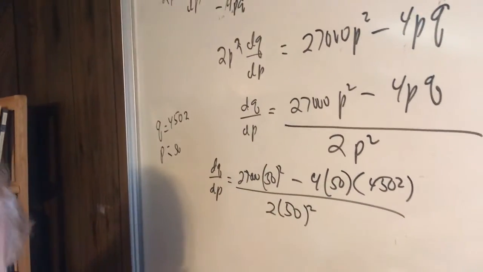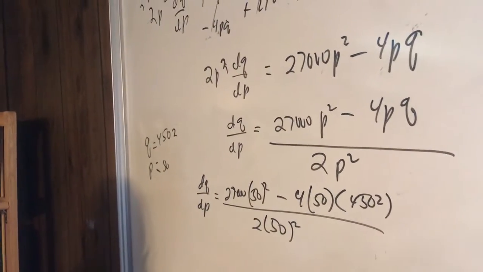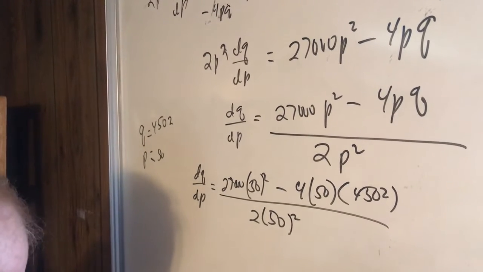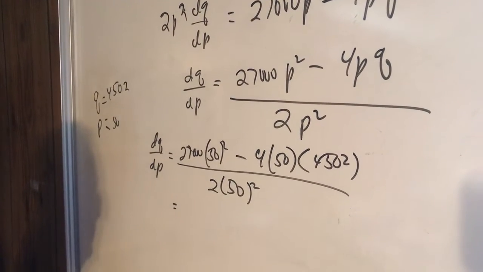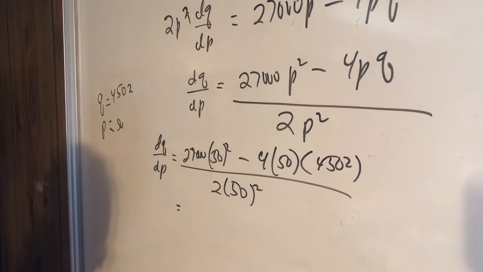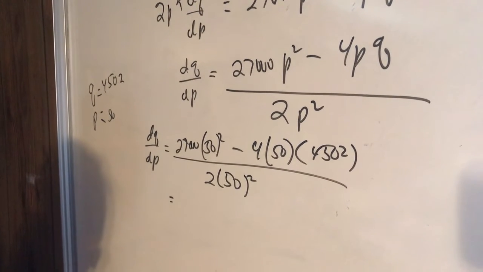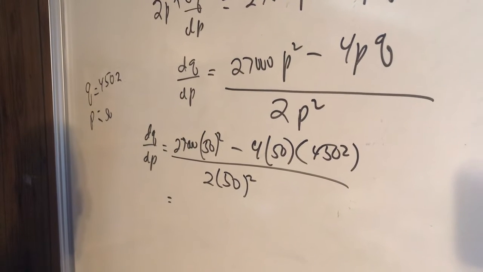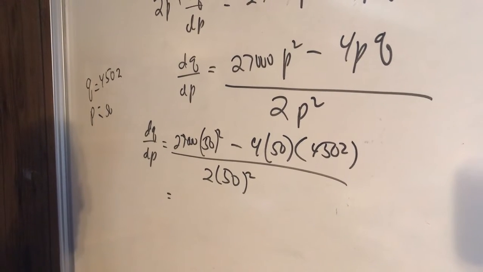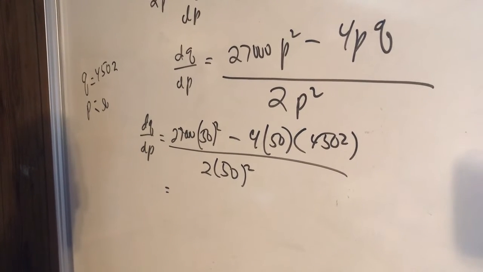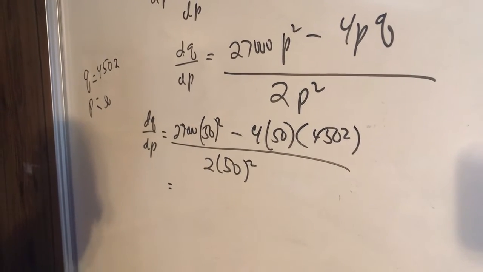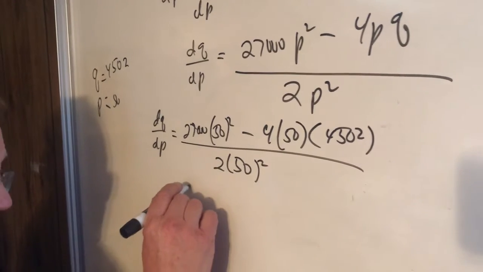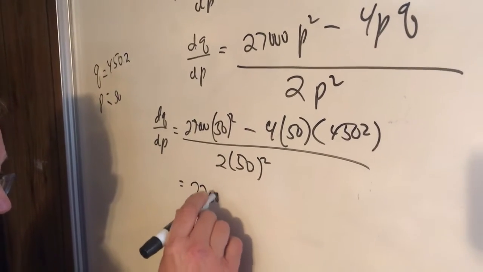Okay, I'm going to calculate this. Let's see if we can do it together. 50 squared is 2,500. This is going to be a big number. You can get rid of a 50 to make the calculations a little easier. I could. Yes. There's one thing you can do, and watch, I'll show you. This is a trick.